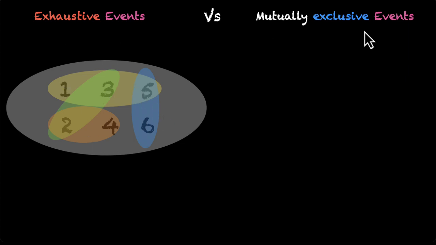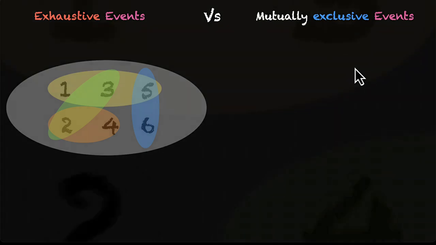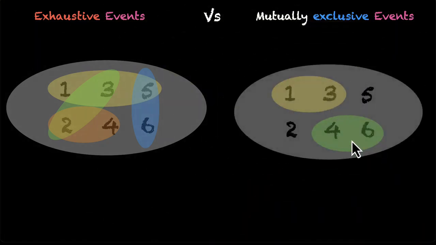Mutually exclusive events are fighting against each other. When one of them happens, the other one never happens. They don't have anything to do with the entire sample space. They're saying that if this event 1, 3 happens, this other event 4, 6 can never happen. They're exclusive to each other.